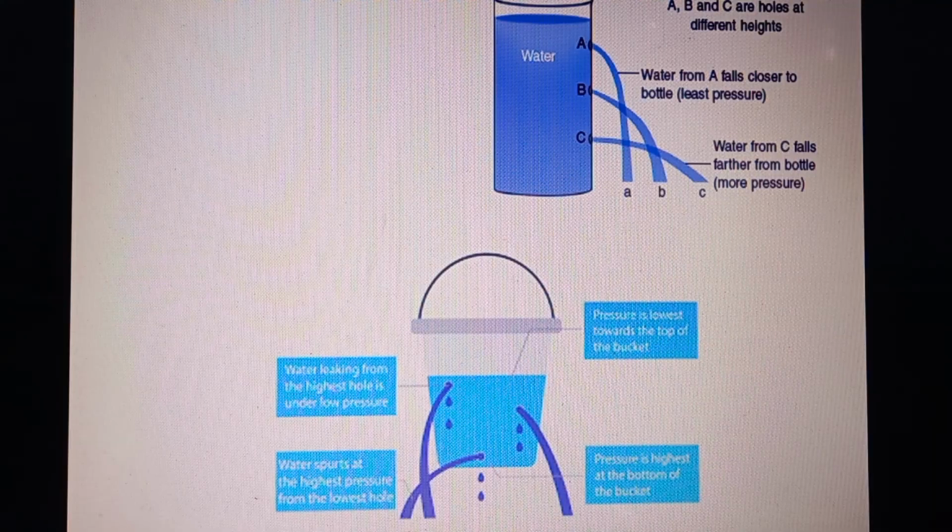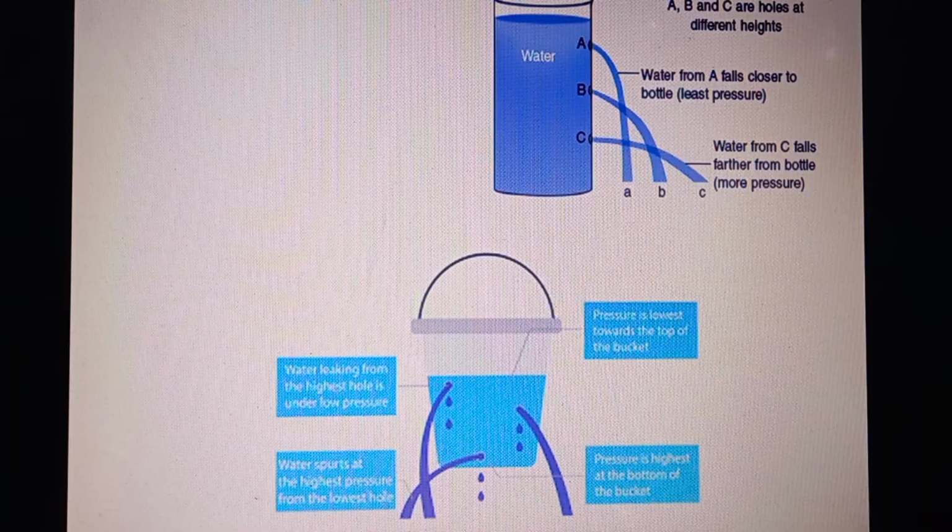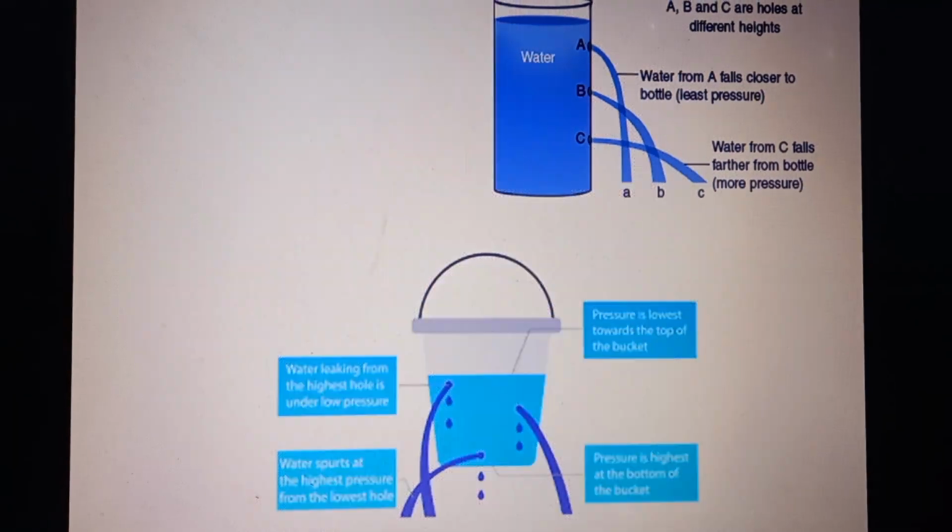Although there is a shorter height, the speed is quite faster due to more pressure exerted from the top. So pressure is lowest towards the top of the bucket, so water leaking from the highest hole is under low pressure.